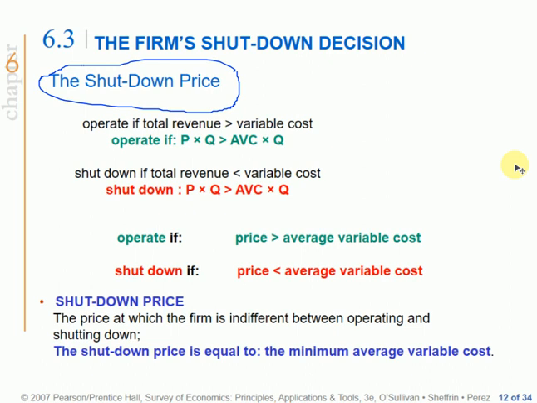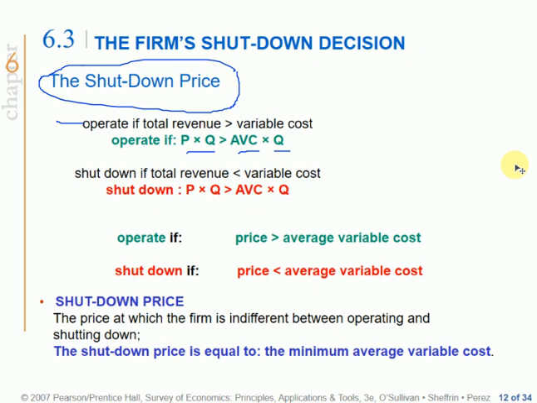So the principle is as follows. The firm decides to operate if total revenue is higher than the variable cost. You operate if the money you earn is at least enough to pay your variable cost. So you operate if P times Q is higher than AVC, average variable cost, times Q.